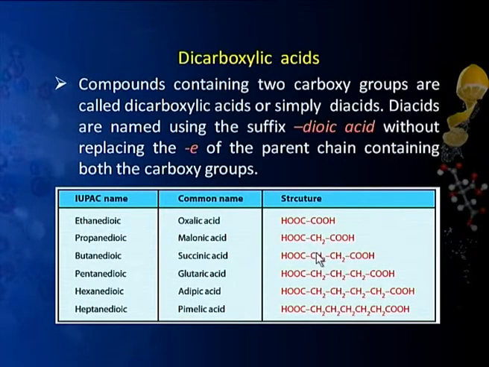For these acids, when the carboxyl group is at the end of the chain, as in the different examples we have taken, we do not number the carboxyl group. But if there is some substituent on any of the carbons in the chain, then we will select the longest chain containing the carboxylic groups, and those groups will be taken as part of the chain. So, numbering will again be between the carboxylic acid carbons.